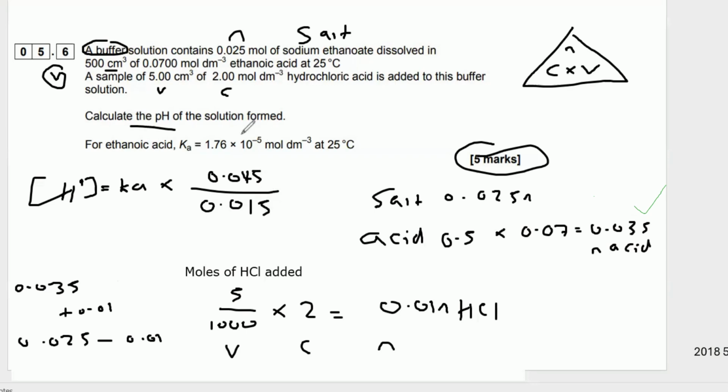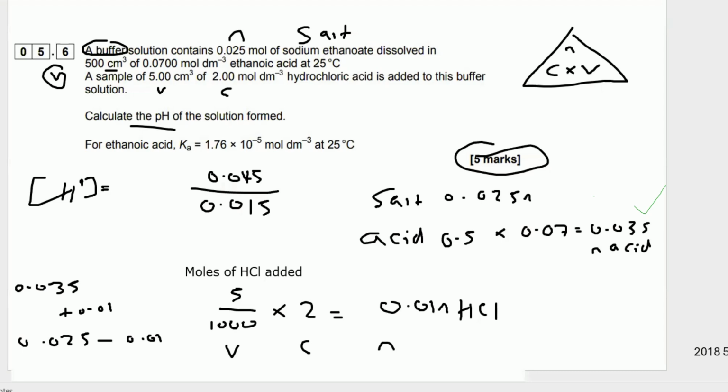Again, we've got the same volume. I think it was 0.5, but you could add the 5 centimeters, so it's like 505 centimeters. The volume's the same for both because they're in the same solution, so I don't need to convert these back into concentration. I can just leave them as moles, 0.045 over 0.015, and I just need to times that by the Ka.